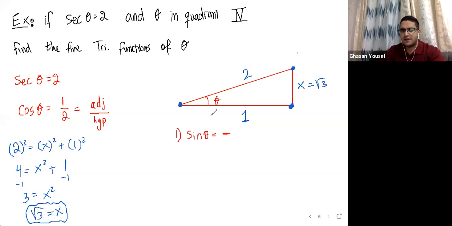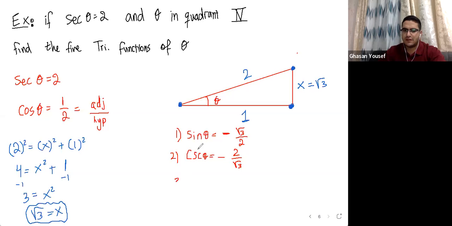The sine equals the opposite over the hypotenuse, negative square root of 3 over 2. Now, the reciprocal of sine is cosecant. The reciprocal of this is negative 2 over square root of 3.